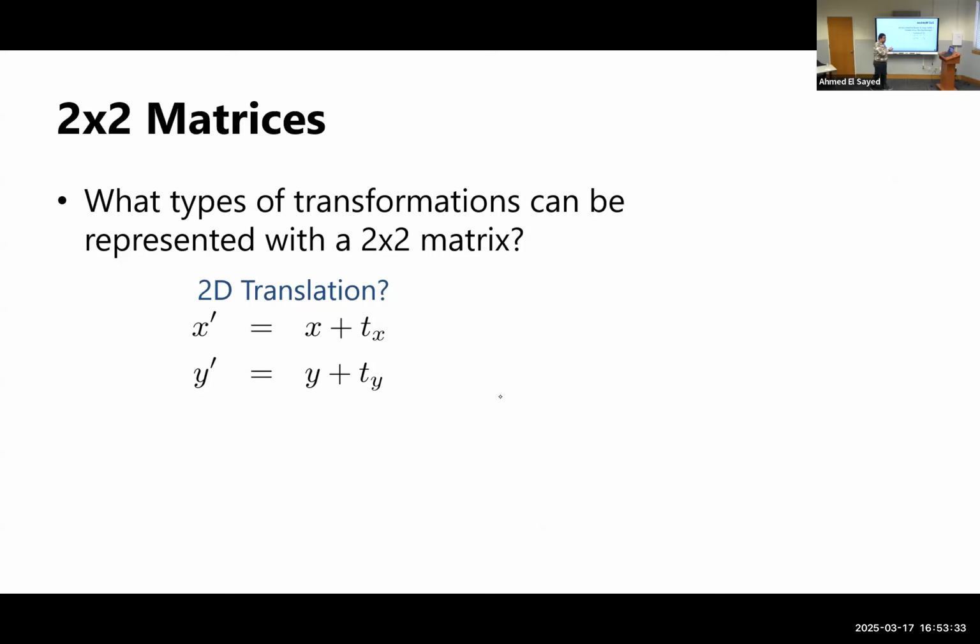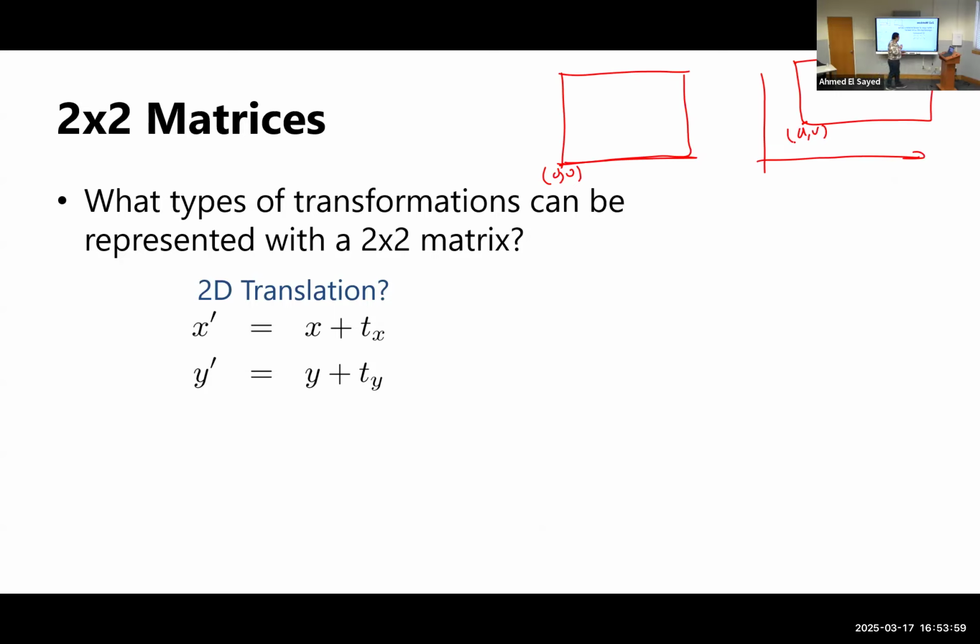How about translation? If I have an image like this, where this is 0 and 0, and I moved it from this location, so it becomes like this. This is what we call translation.